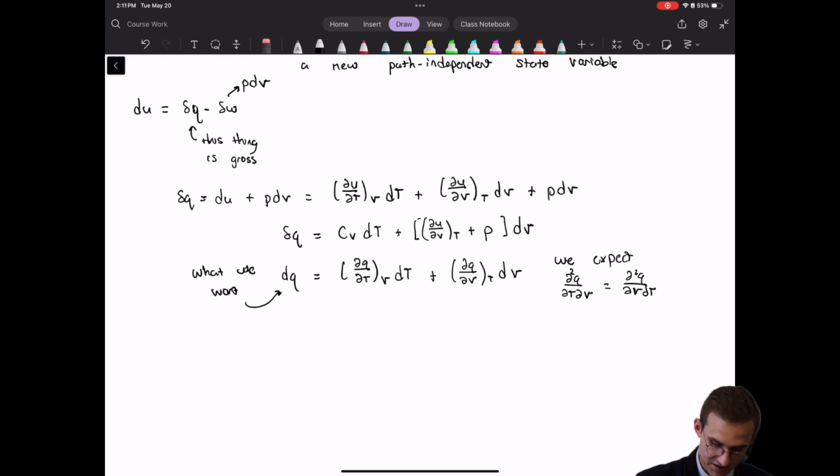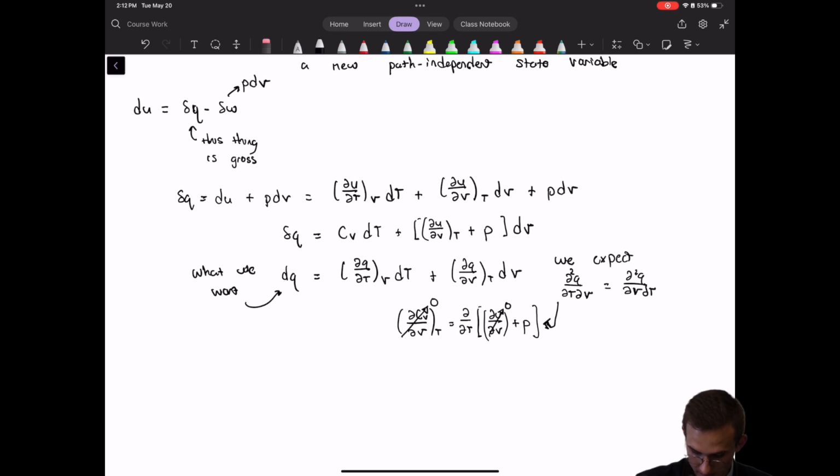So if we test it with our actual delta Q, what we end up with is dC_V/dV at constant T. This goes to 0 because C_V is not a function of V. And then d/dT of dU/dV. This dU/dV itself already goes to 0 because we know that U is a function of just T for an ideal gas system.